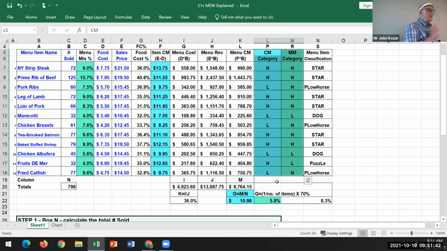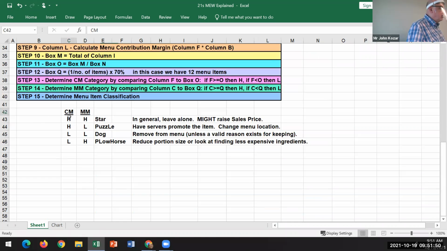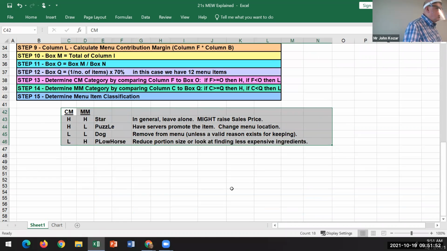Once we have that, we're going to have classifications for the menu items. And there are 4 classifications. So we can have a star, a puzzle, a dog, and a plow horse.